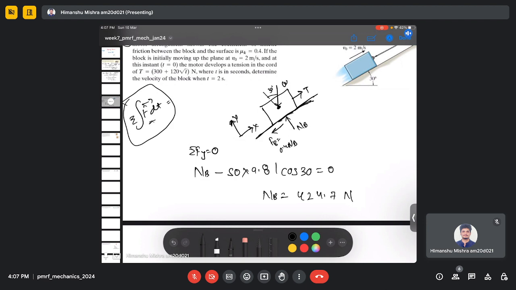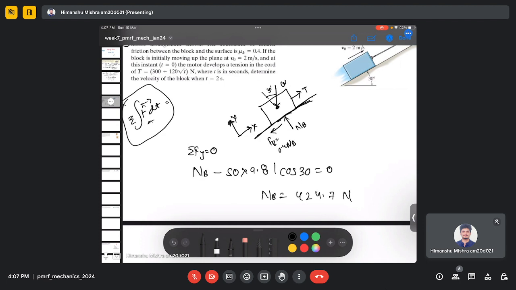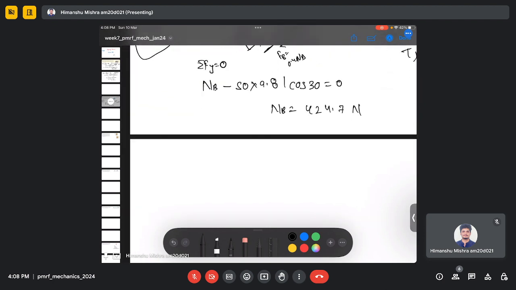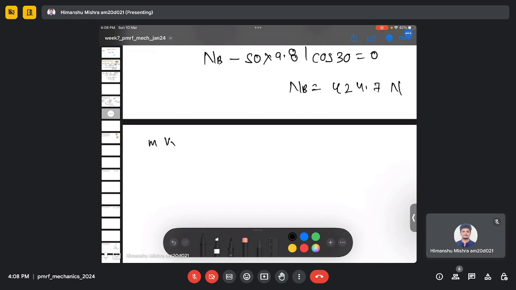Now if I apply the conservation law in the x direction, I need to consider the forces which are tension and the friction force, which is mu N_B, and we already determined N_B here. So in the x direction, I will have: initially my velocity is 2, plus then I have to do the summation of forces.